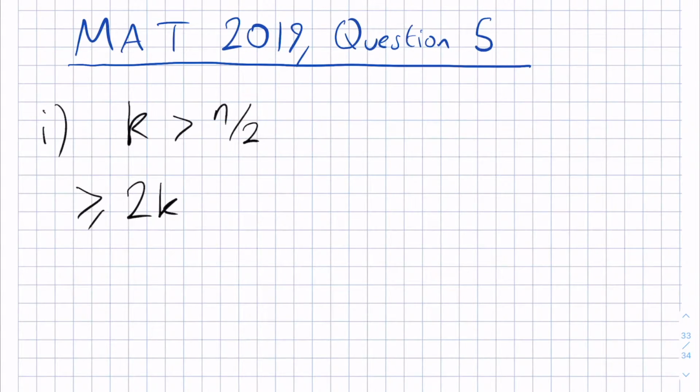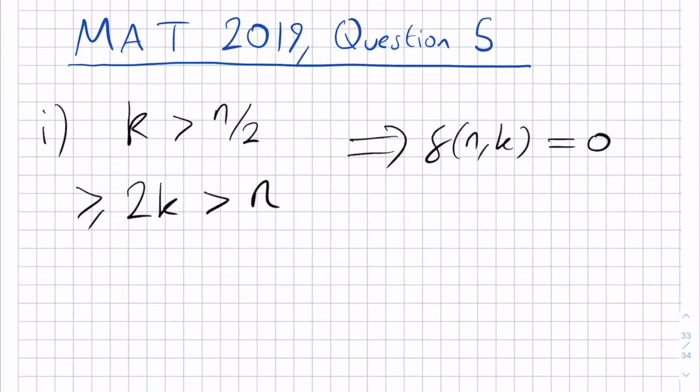However, 2k is strictly greater than n. So somehow we need to take our n elements and then get more than n elements in our k subsets if we have this condition here. As such, there is no way to do this, and therefore f of n,k is equal to 0 in the case that k is strictly greater than n over 2, because each of the k subsets needs to have at least 2 elements.